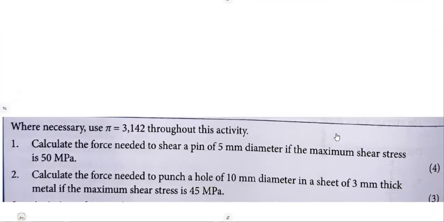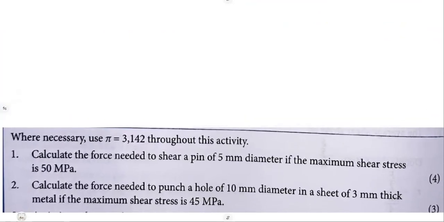Let us quickly have questions on this part. We are given, where necessary, use pi as 3.142. It is an instruction from your textbook. This is your source, guys. It is not an exam.